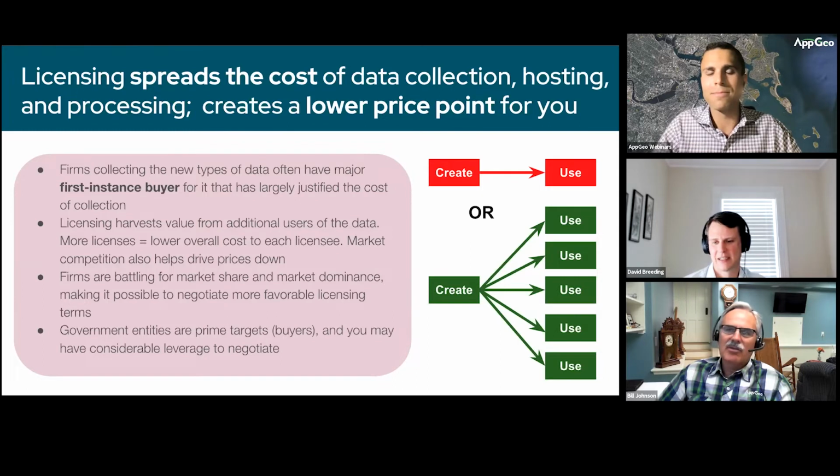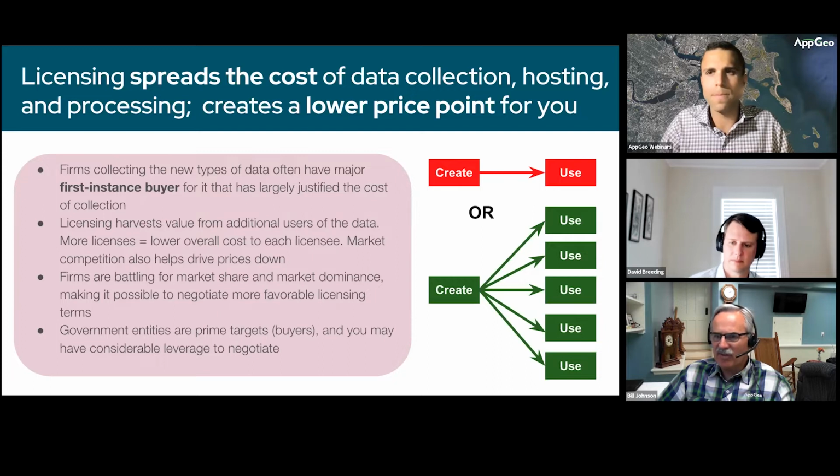Yeah. So a lot of this data, the systems that capture it, are very sophisticated. When you think about the cost to launch a satellite, develop the sensor and have it launched and all of that, and have all the ground stations, there's huge upfront investment in that. And so the way to spread that cost among the users is to have many users of the data.